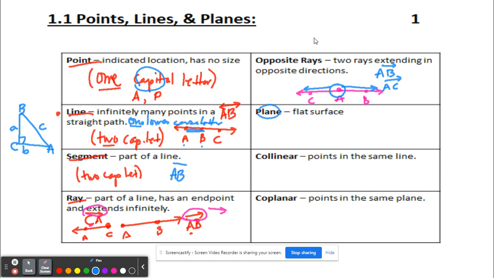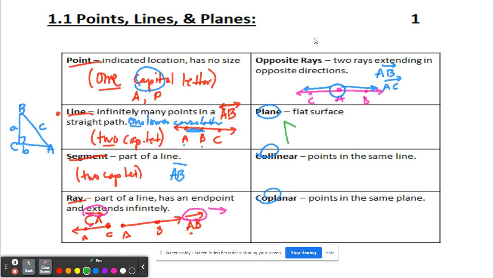Now, plane, collinear, and coplanar are probably new. So we're going to spend a little bit more time here than we did on the first few examples. So let's look at a plane. A plane is just a flat surface. You actually knew what a plane was before you came in here, not an airplane. However, you may not have known that you knew that.